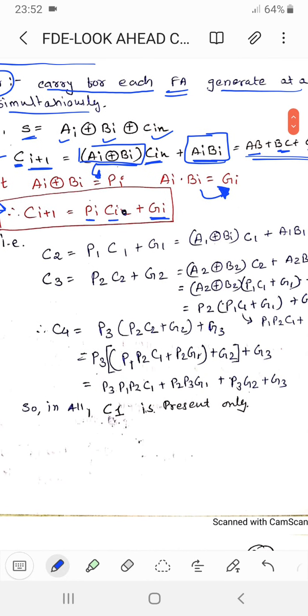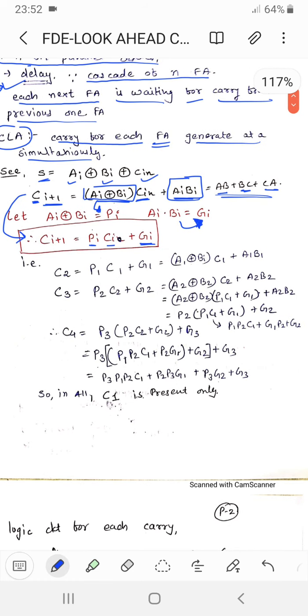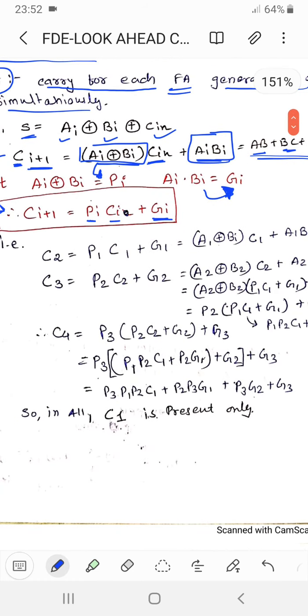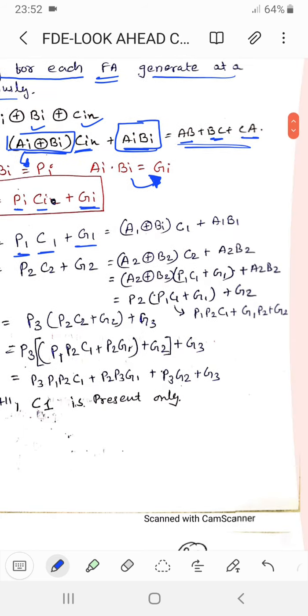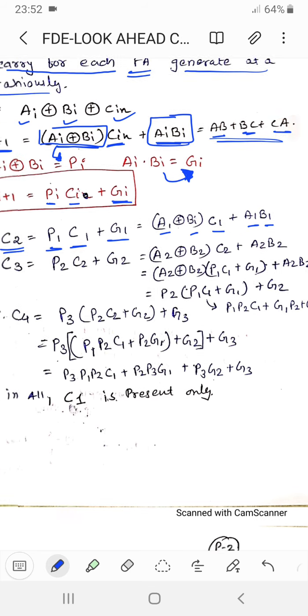Suppose we take C2, the carry for the second full adder. It is P1 into C1 plus G1 as per the equation, that is A1 XOR B1 multiplied with C1 plus A1 into B1.